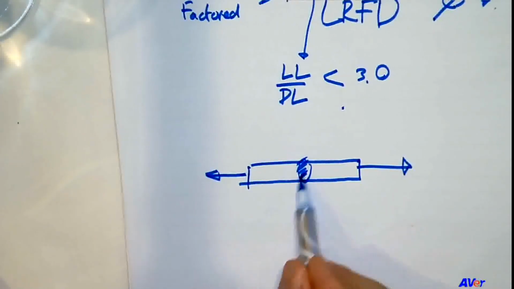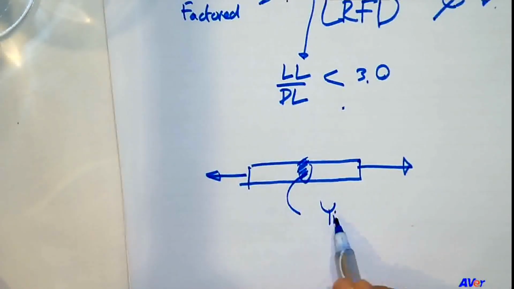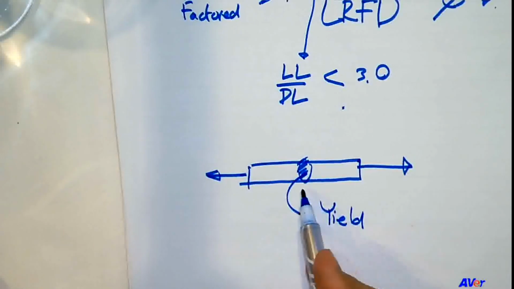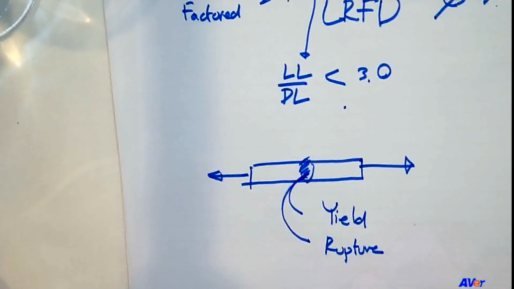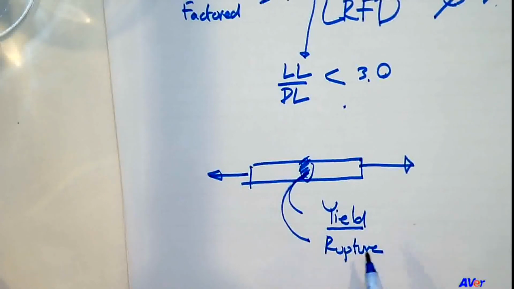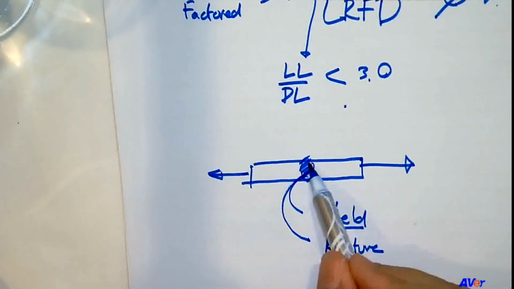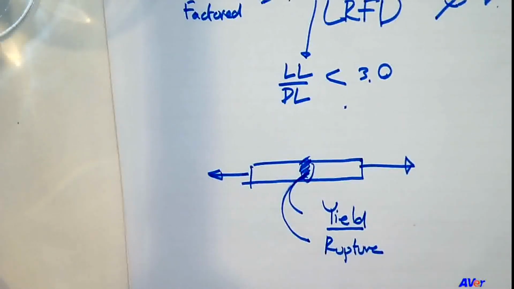If it's tension, either it is going to yield or it is going to rupture. Everybody can see that. It's pretty clear. If you keep pulling the steel, at one point in time, it's going to yield first. If I don't have anything specific, it's just one steel rod, and then it's going to rupture.